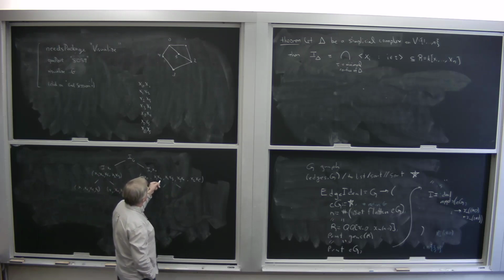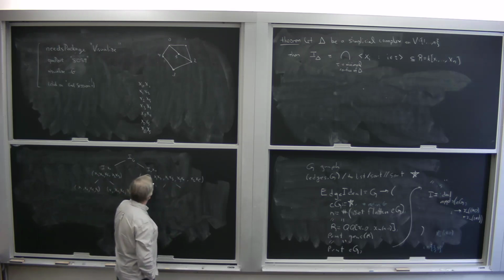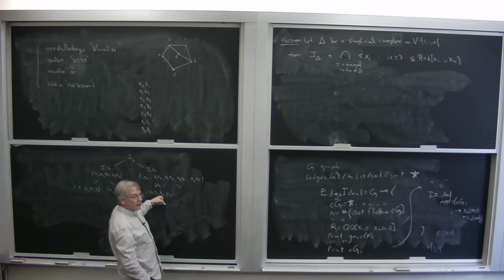Which one? How about colon? Which one has the most stuff in it? One appears only in one thing, two appears in three things. So I think that putting two in is a good bet. So if I do colon x2, what do I get? I get x0, x1, x3, x5, but the 3, 4 is already in the ideal. So that's actually a pretty good one.